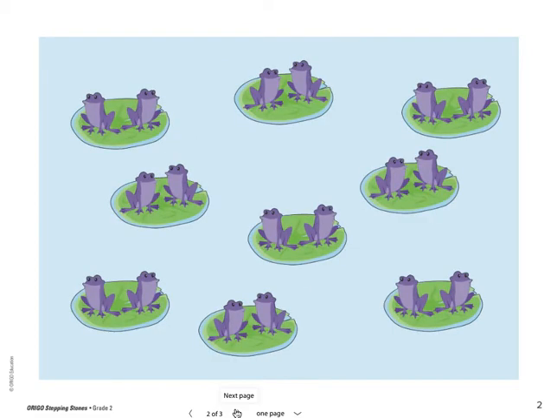How could we figure out the total amount of frogs for this picture? So, this picture, I'm noticing when I first look at it, we still have 2 frogs on each lily pad, right?